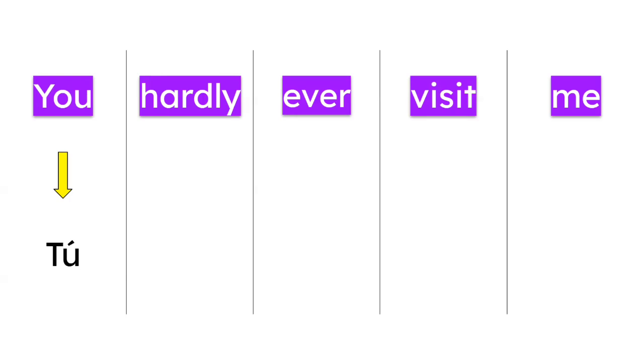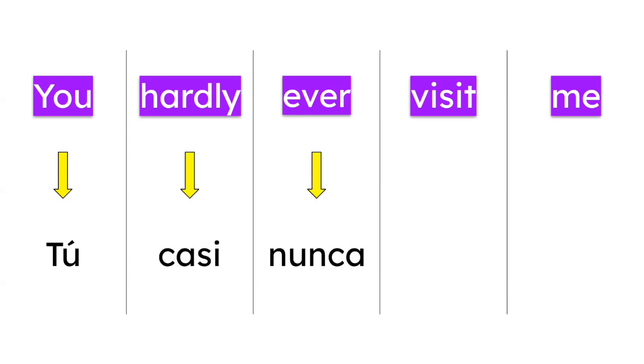I'm not sure if you are familiar with this, but I'm here to help you. In this case, we don't need to translate word by word, because hardly ever is one expression, but it's formed by two words too. So hardly ever is casi nunca.